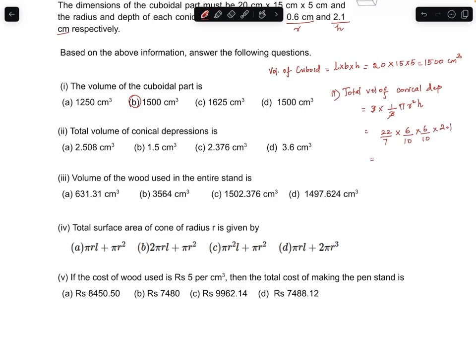On evaluating, we get 2.376 centimeter cube. The answer is option C.